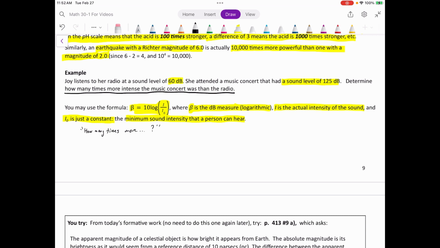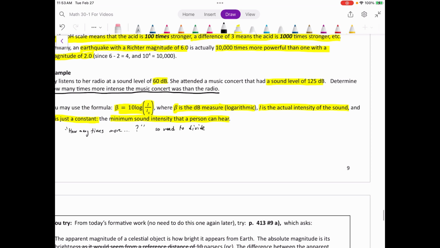We just need to divide, and we want to know how many times more intense was the music concert than the radio. So we need to take the intensity of the music concert and divide it by the intensity of the radio. So music concert by radio intensity.